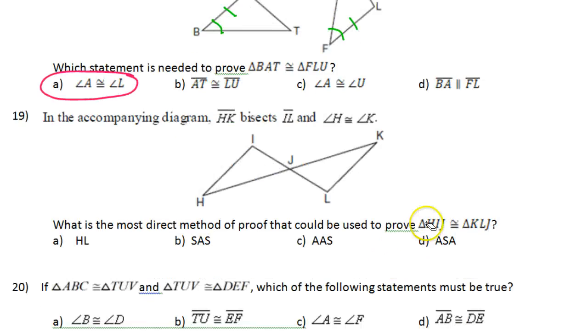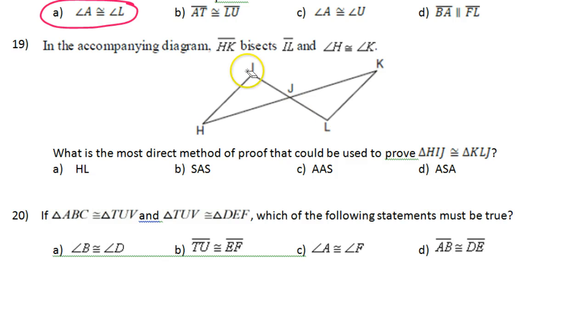Okay, number 19. In this diagram, HK bisects IL. So far, if HK is a bisector, then that means IJ is congruent to JL, because HK is cutting this in half.